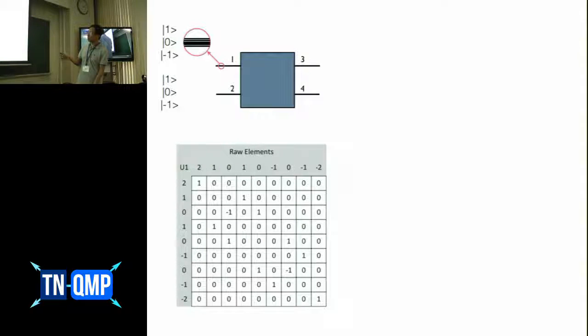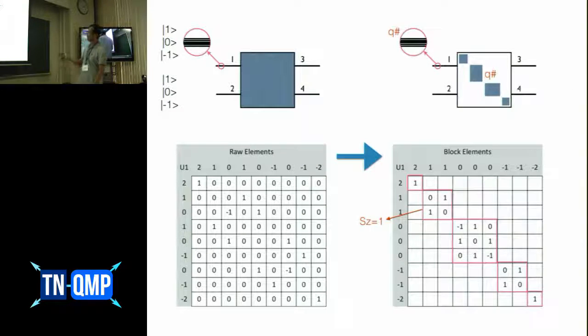So this is normally how we write this. Basically, this is just a product basis. Okay, so this will be up up, and up zero, and so on. This is easy to write because we know how to put in this matrix element. But normally, this is what we want. Okay, we want it to become block diagonal.